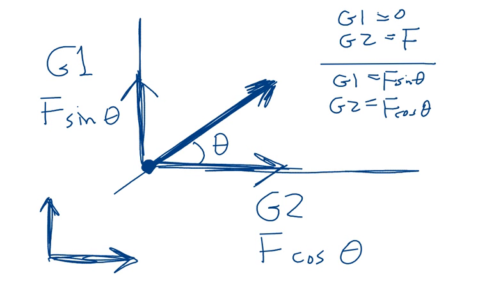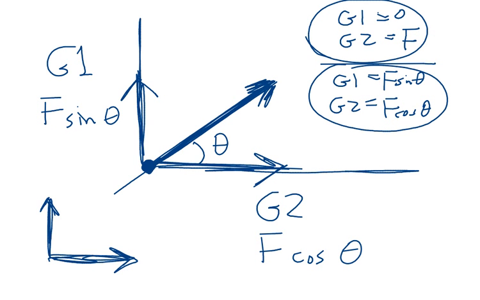Are these two cases measuring the same force? Of course, they're both measuring that force F. And in fact, if I take the square root of the sum of the squares in both cases, what am I going to end up with?